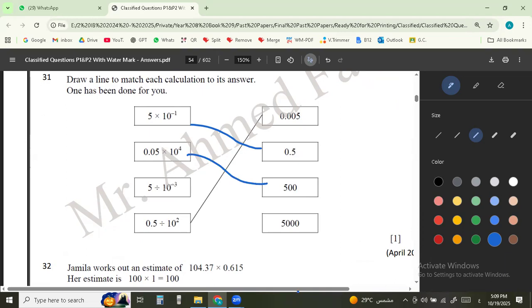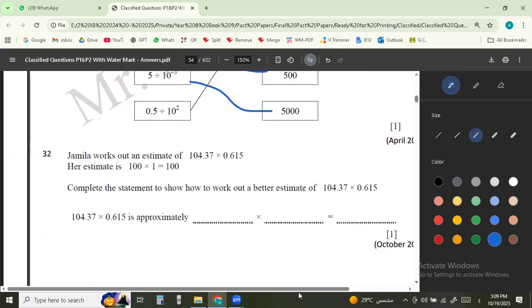Here, 5 divided by 10 to the power of negative 3, as if you're multiplying by 10 to the power of 3, which is 5,000. Here, sorry, it's just a positive power, so I'm going to move the decimal point 2 digits to the left normally, so 0.005. Oh, it's already done for us. Sorry, I started to get tired.